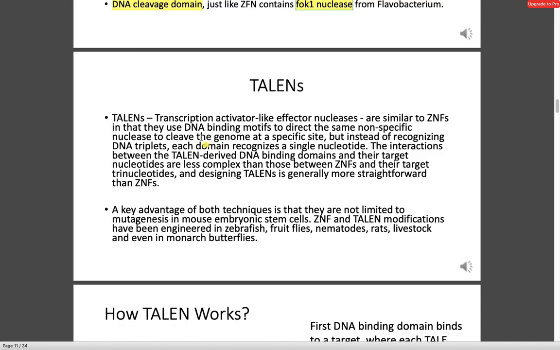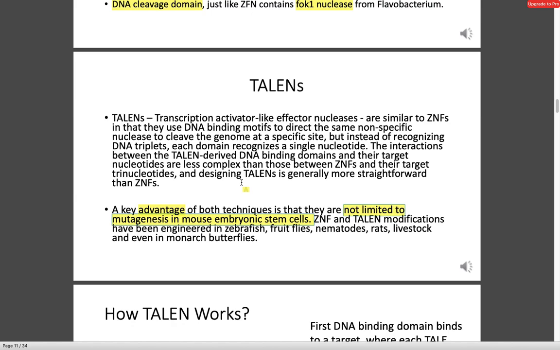Alright. A key advantage of TALEN is that they are not limited to mutagenesis in mouse embryonic stem cell. So mungkin pada zaman dulu, for a long time ago, people always use mouse as the tools for modification.